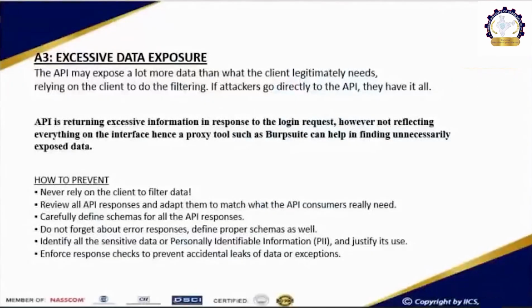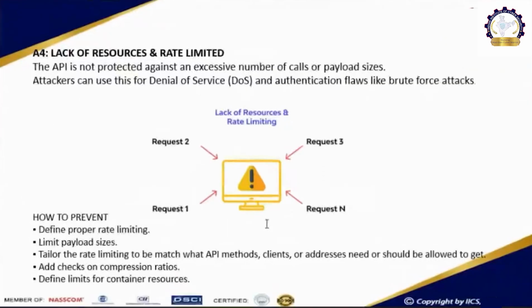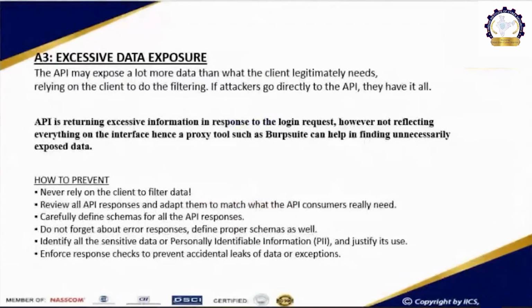So yeah, we have some points about how to prevent this type of attack. Never rely on the client to filter data. Whatever the client is requesting, the server is giving them. So that's why never rely on the client to filter data.